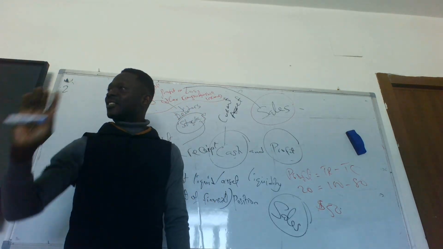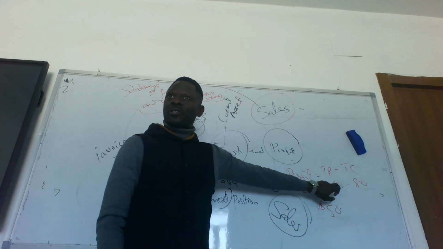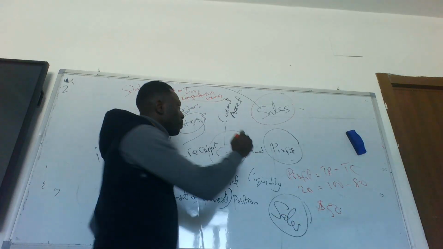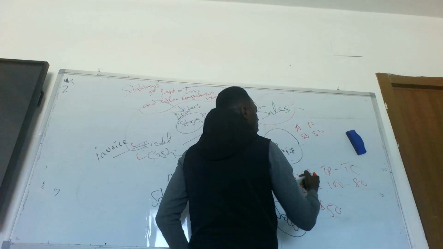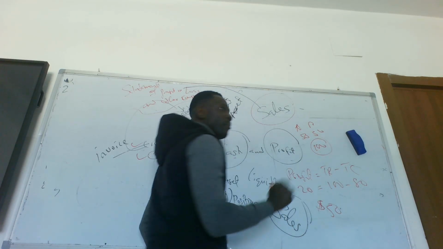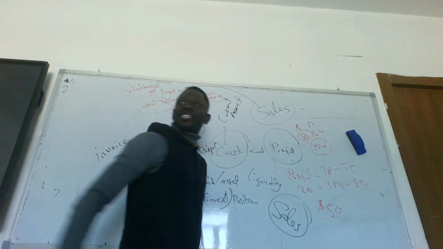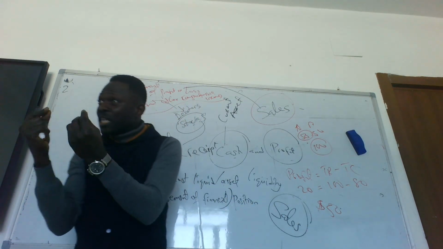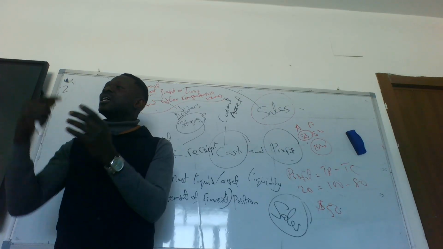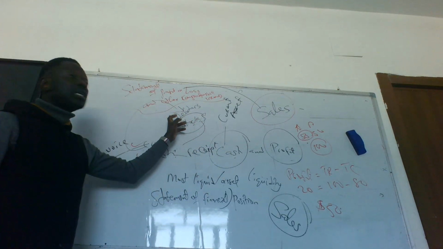Because here you have sold two products, A and B, $50 and $50. This is $100. But in cash, you have only $50. You have made a profit of what? $20. But the only cash you have with you is $50, because the other customer hasn't paid. He's a debtor.